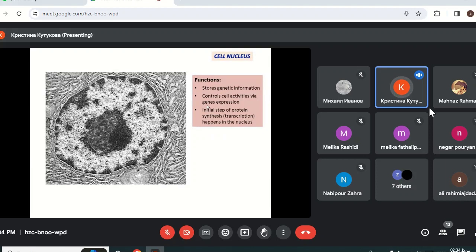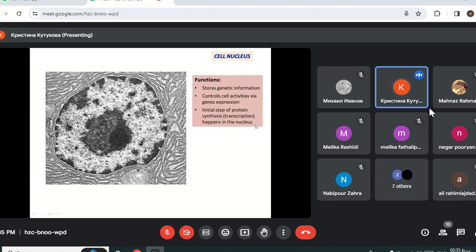And in most of the cells, 99% of genes are blocked and only 1% of genes is active. And this 1% is different in different cells. For example, in neurons we have up to 10% of genes active, so neurons are very active cells. So this happens inside nucleus.